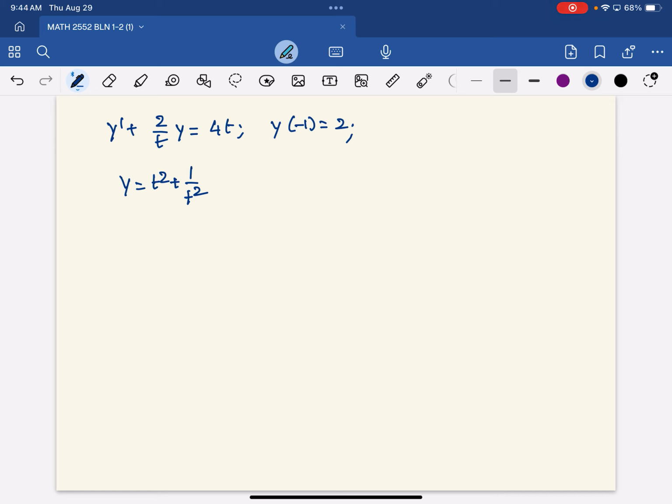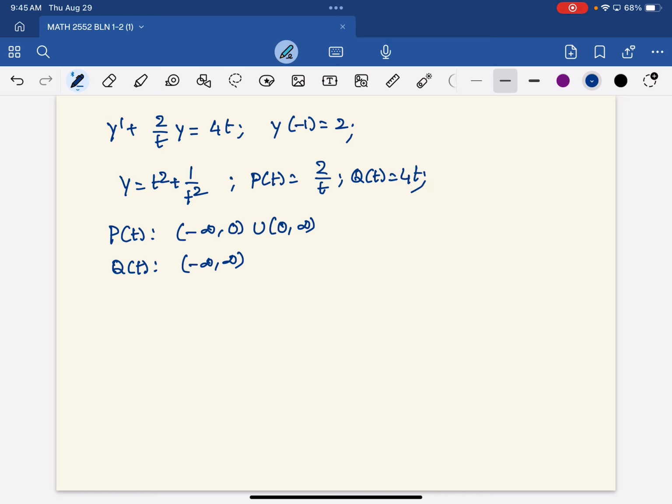But your p of t is continuous everywhere from negative infinity to 0, union 0 to infinity, and your q of t is continuous everywhere, negative infinity to positive infinity. Recognize your p of t is 2 over t and q of t is 4t. Now the initial value y of negative 1 equals 2 is in the interval negative infinity to 0, not from 0 to infinity.